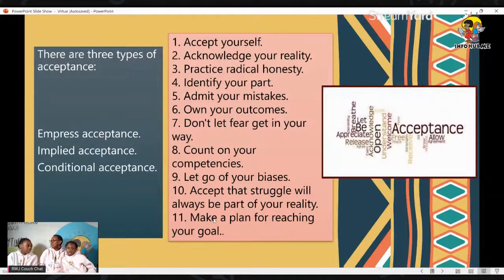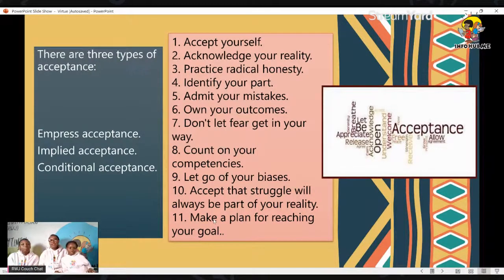Sometimes when you say, "I love you, mommy," and I don't respond, but you know that's implied acceptance. I don't necessarily say it, but it's expressed acceptance. You just accept it and you express it, you give it out as it is.